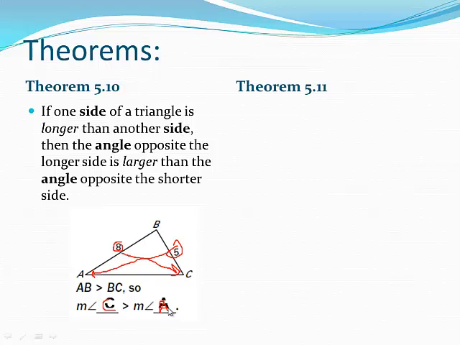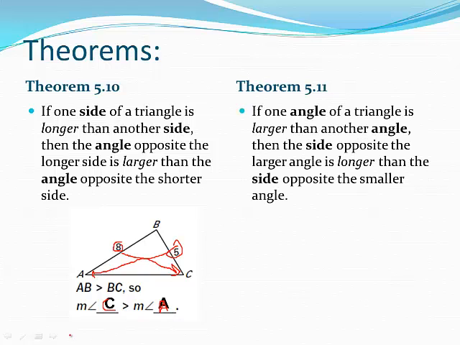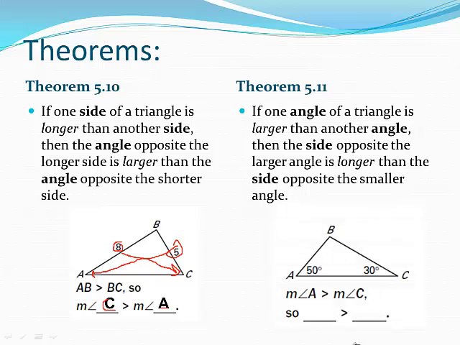In the next theorem, if one angle of a triangle is larger than another angle, then the side opposite the larger angle is going to be longer than the side opposite the smaller angle. This is conversely the opposite. We're now dealing with angles.